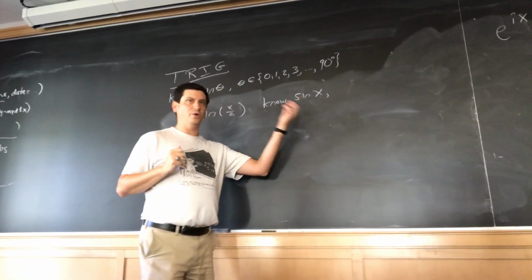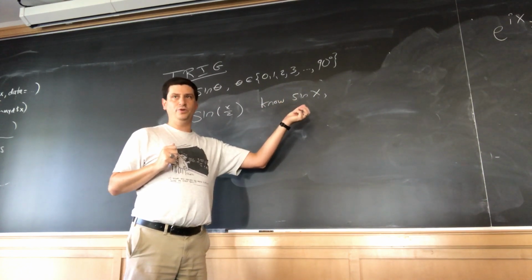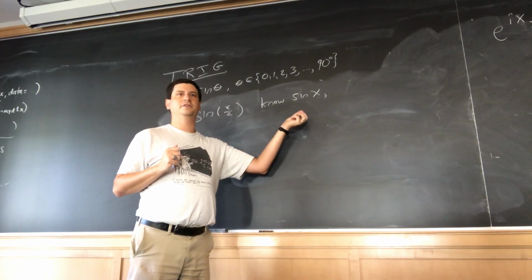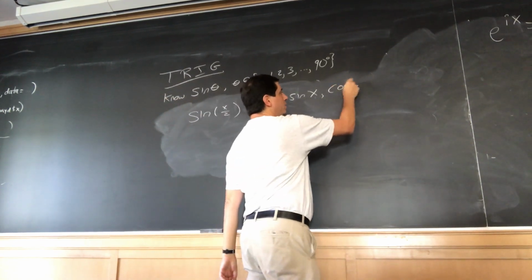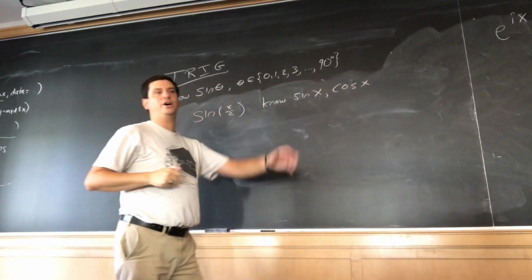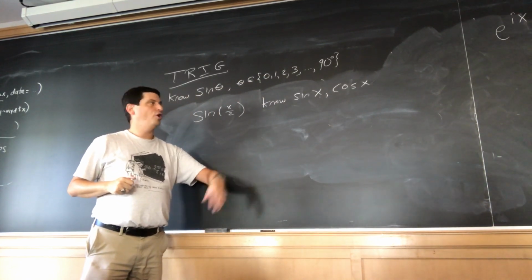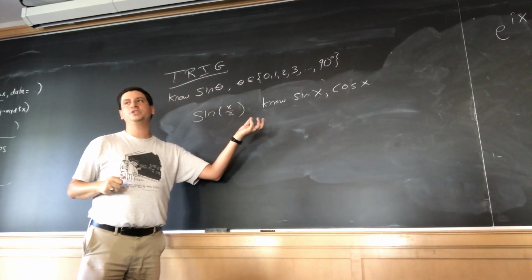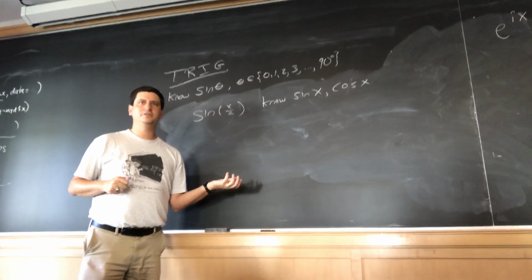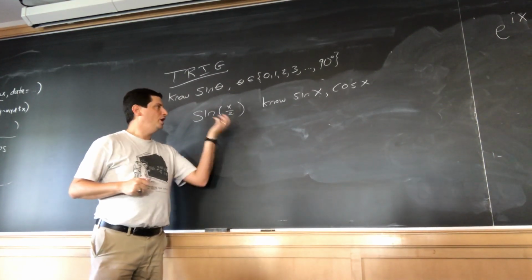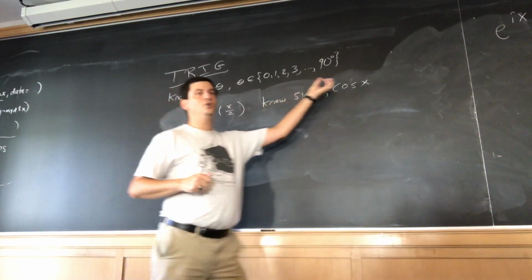Oh, we would know sine 2x. We would know that, but we also know something else. You know the cosine. You could get cosine by Pythagoras and then just figuring out is it positive or negative. Also, there's a relationship between sines and cosines. You know, one is like pi halves minus the other. So if I know sine of x, I know cosine of x.